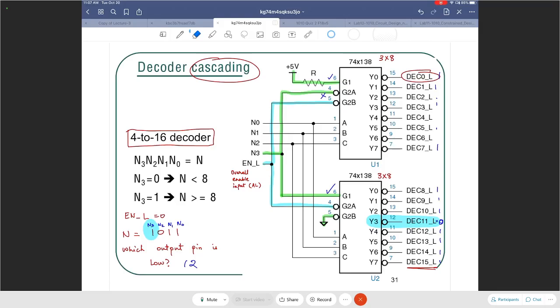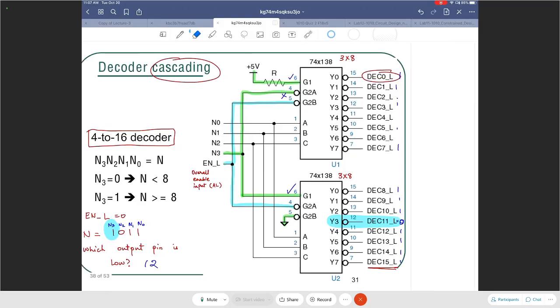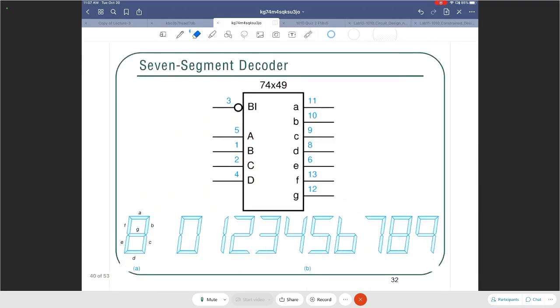All right. Now let's take a look at a different type of decoder. This one is a 7-segment decoder, very similar to the kind of design you did for your Studio 2 in the studios.